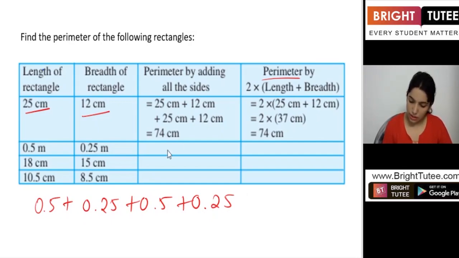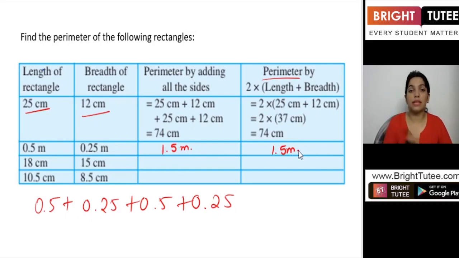The answer is 1.5 and this is in meters. Now let us use the formula to find the perimeter, that is 2 times length plus breadth. So what is the answer of adding length plus breadth? 0.25 plus 0.5, that is 0.75. If we times 0.75 by 2, the answer is 1.5 meters as well. So again we see that the answers are the same.